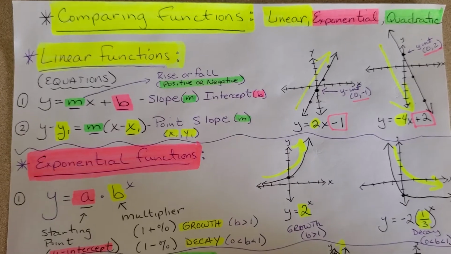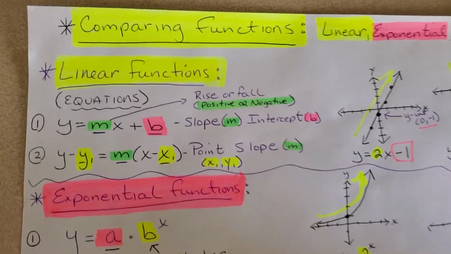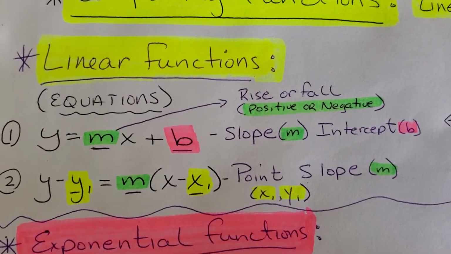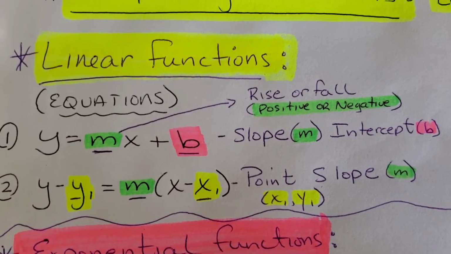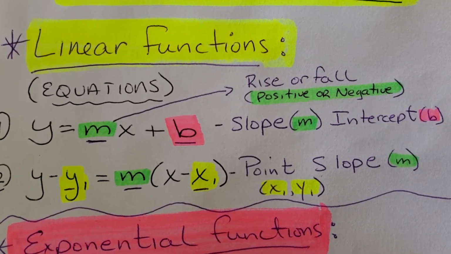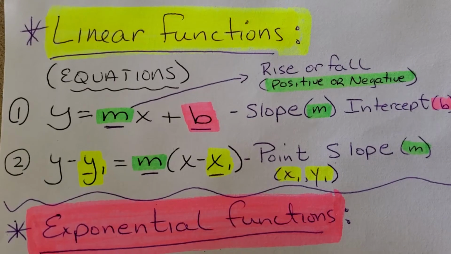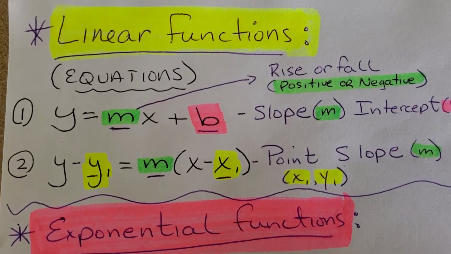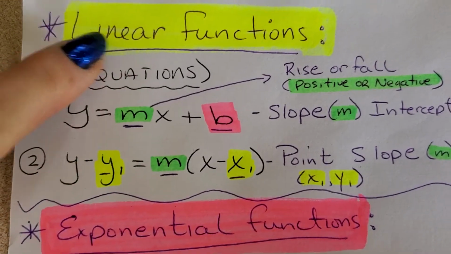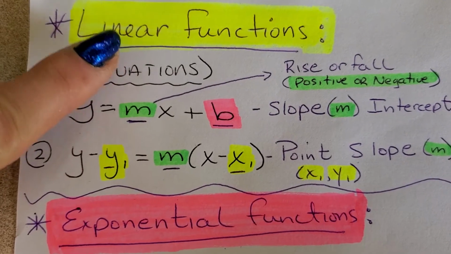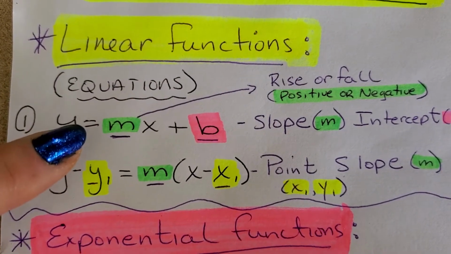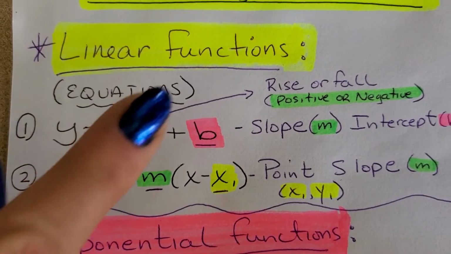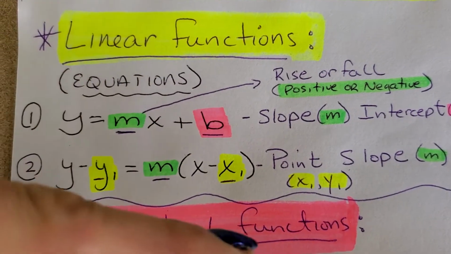First, take a look at your linear functions. Normally we use these two formulas to form the equation of our linear function. And again, remember, linear, line. So these form lines that rise or fall.